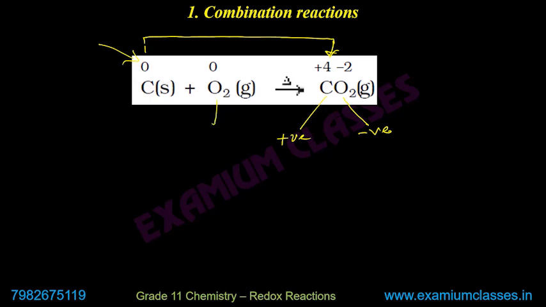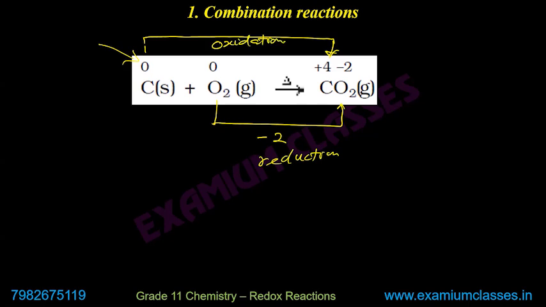But oxygen 0 to -2 is reduction. This part is reduction, this part is oxidation. Both oxidation and reduction are happening, that's why we will say it is a redox reaction.